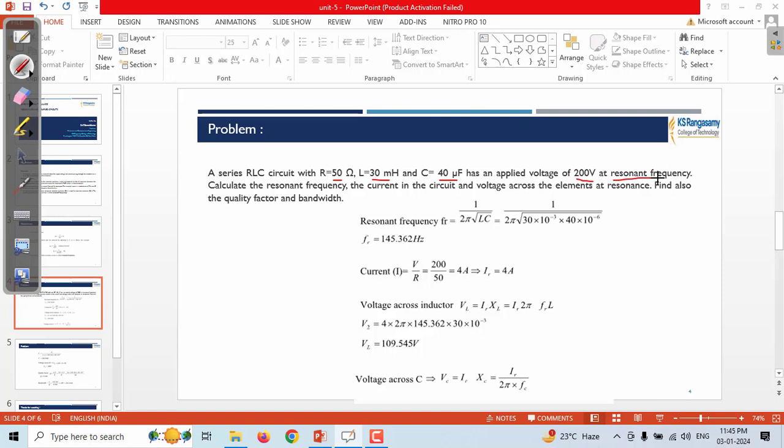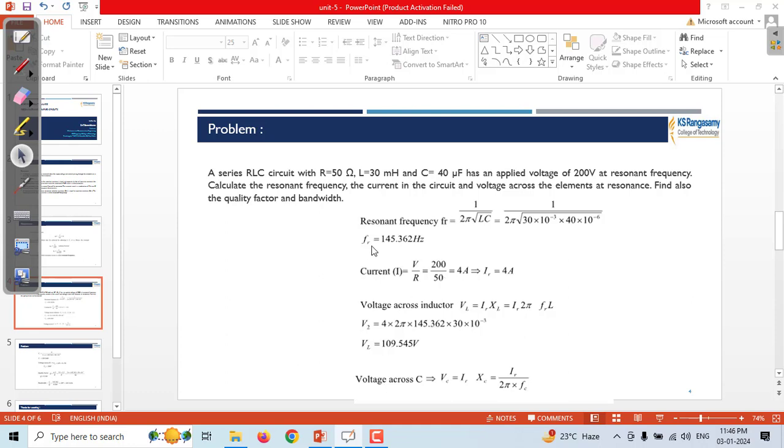Calculate the resonant frequency, the current in the circuit, and the voltage across the elements at resonance, that is, the voltage across the inductor and the capacitor. Also find the quality factor and bandwidth.